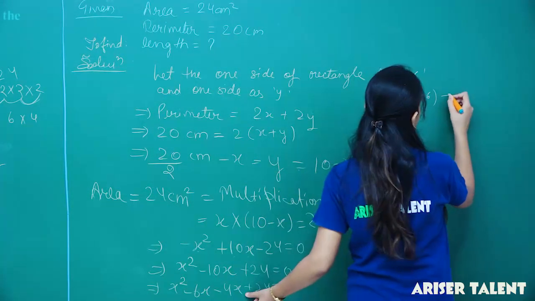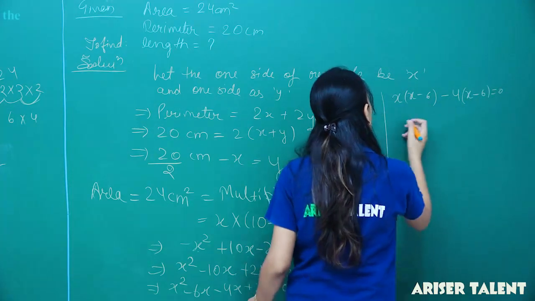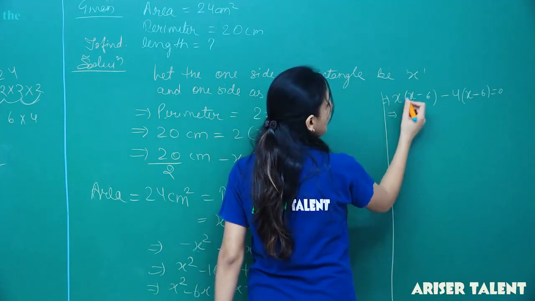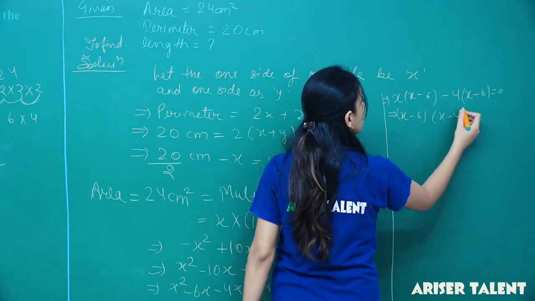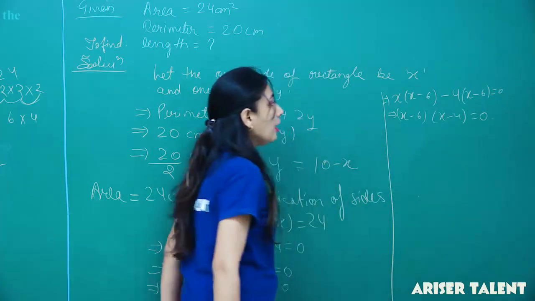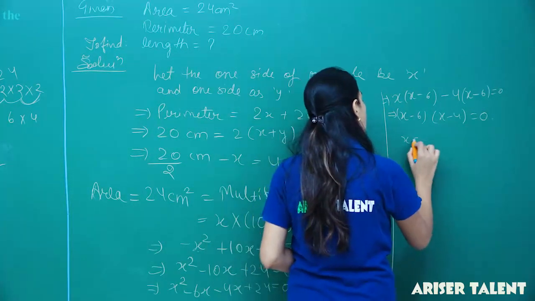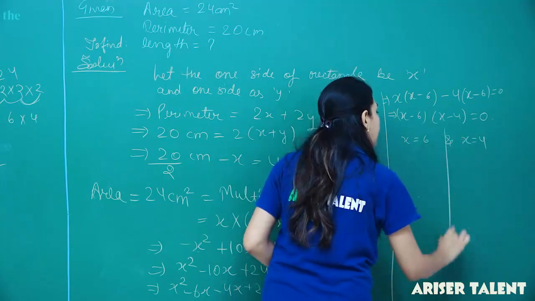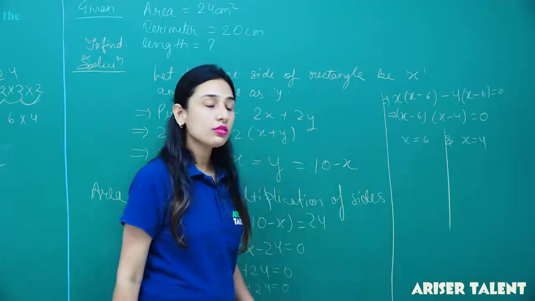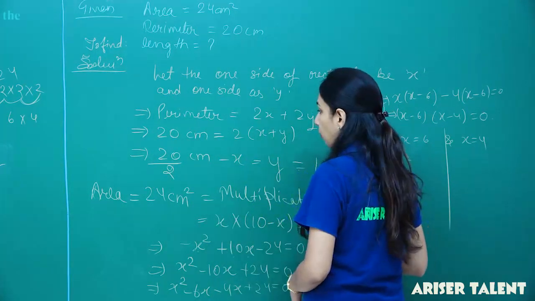So, x minus 6 into x minus 4 equals 0. Now, I am having two conditions, either x equals 6 or x equals 4. If x equals 6, this implies that y equals, what was y?